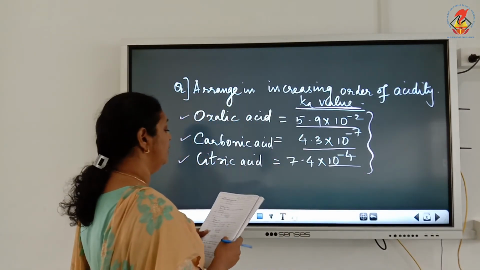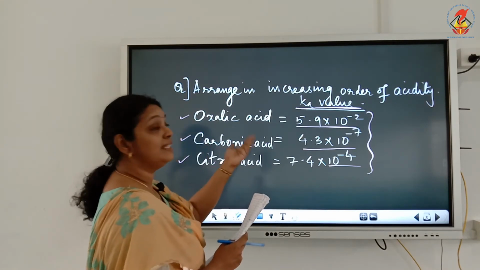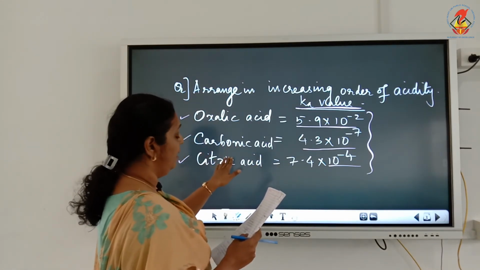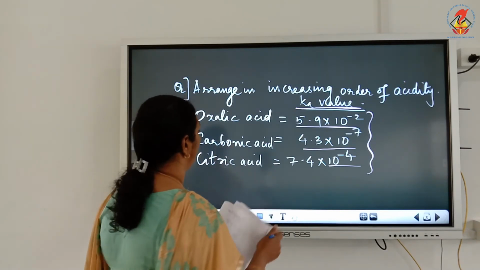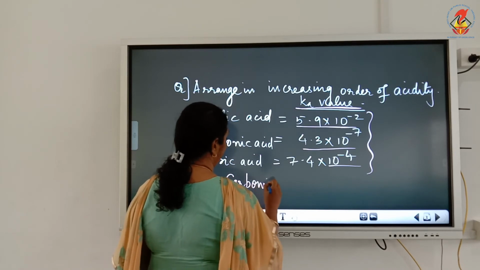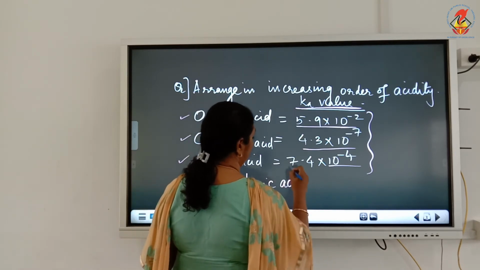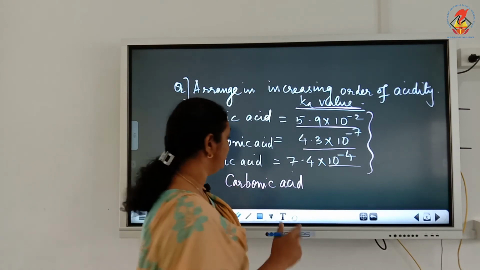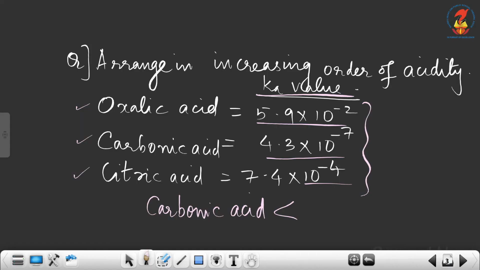Which has the lowest Ka value? Lowest is for carbonic acid. Increasing order we write from small to big with a less than sign. So carbonic acid less than citric acid less than oxalic acid.